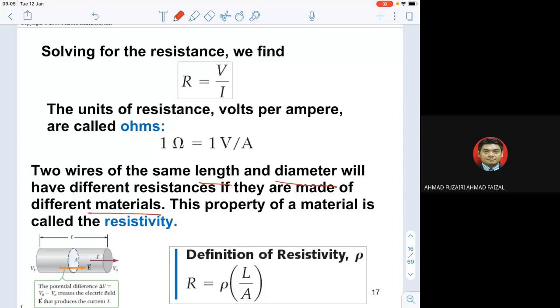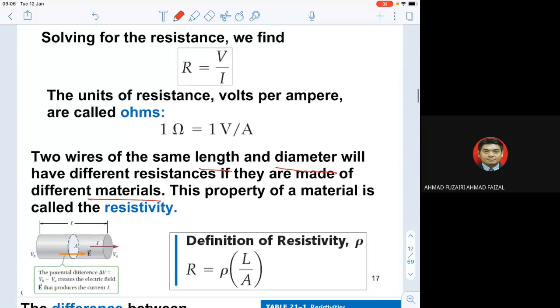So we can define the resistance as equivalent to rho L over A, where L is the length of the wire, and A is the surface area of the wire. And of course, rho is not a density. In fact, rho is a resistivity.